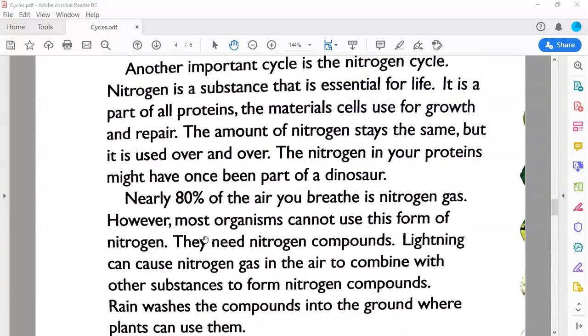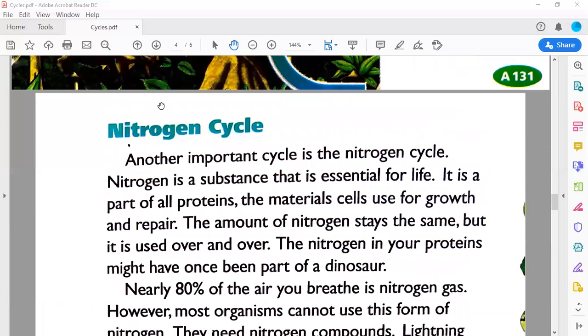Okay, so we're going to focus on the nitrogen, right? Why is this so important? Because it is a substance that is part of all proteins, right? The material cells use for growth and repair. So it is very, very important. And it says that nearly 80% of the air that we breathe every day is nitrogen gas.